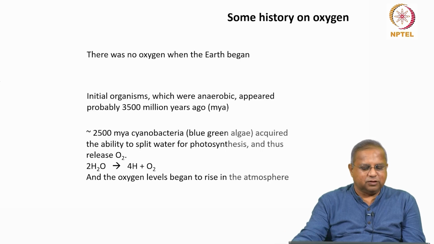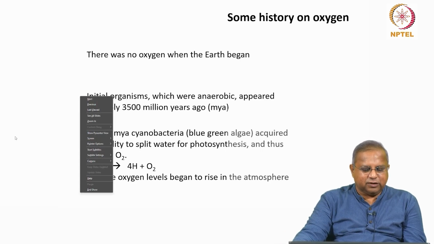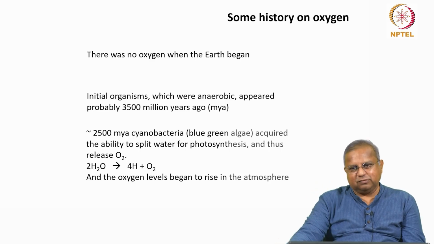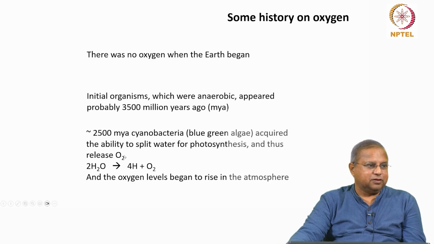Water gets split into hydrogen and oxygen. The oxygen from water gets released in copious amounts. This is believed to have been the source of all oxygen on Earth, a majority source even today, and this is why the oxygen levels began to rise in the atmosphere.